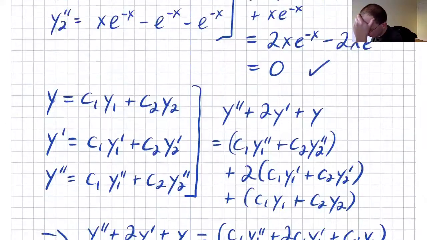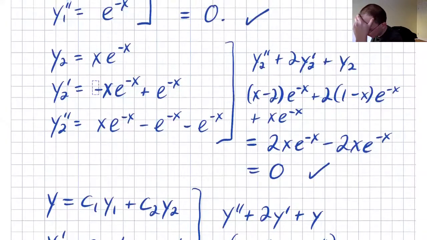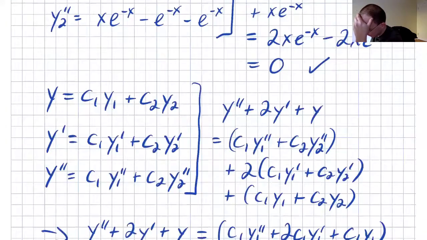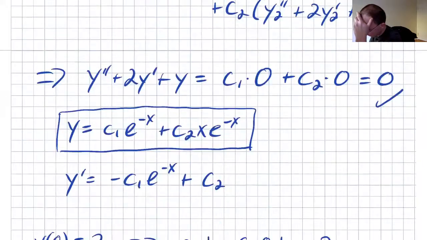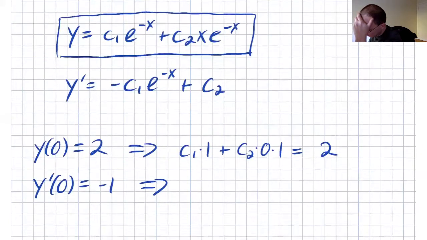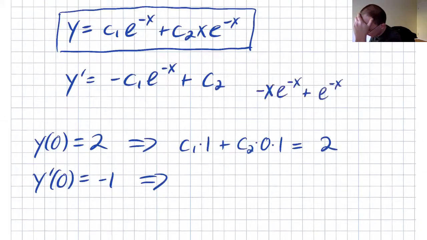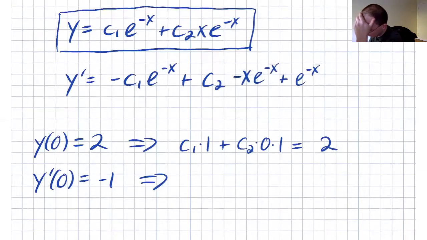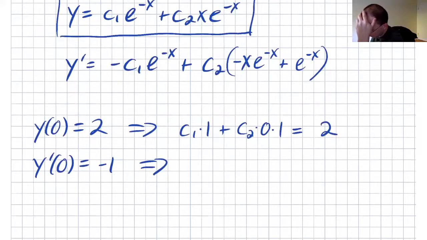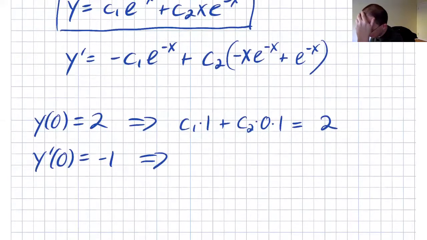It's right here. So this is y2 prime. I'll just copy that and bring that down here. So I'll paste that right there and then put parentheses around it. So there's our y prime.